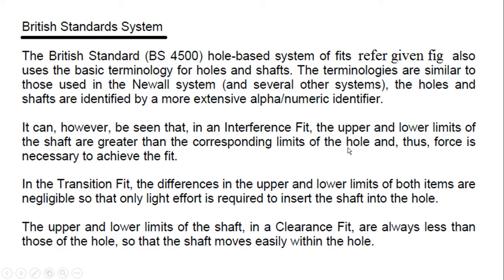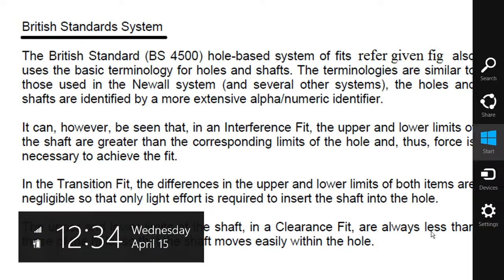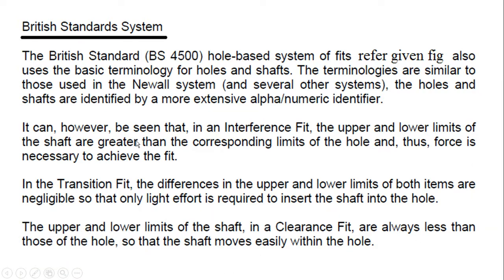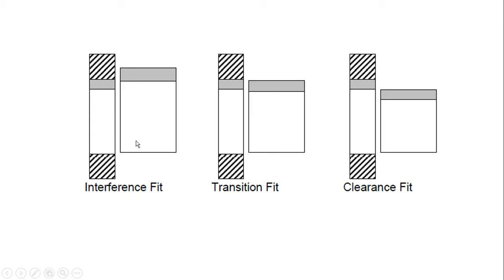The same thing I told you earlier, that in the interference fit, the size of the shaft is greater than the hole. In the transition fit, the differences in the upper and lower limits are negligible, which means they are almost the same. And for clearance, the upper and lower limits of the shaft are less than the hole. So this is the diagram.